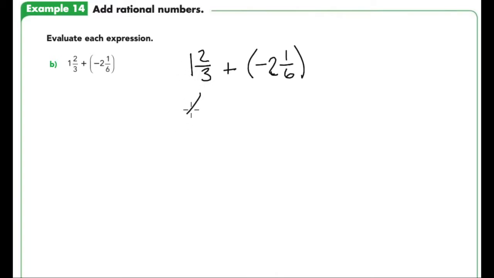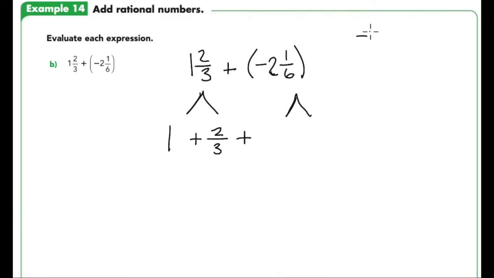I'm going to take 1 2/3, and I'm going to rewrite that as 1 plus 2/3. It was addition, so I'm going to bring down the addition sign. And now I'm going to separate the negative 2 and 1/6. A big thing to understand with the negative 2 and 1/6 is that both parts are negative.